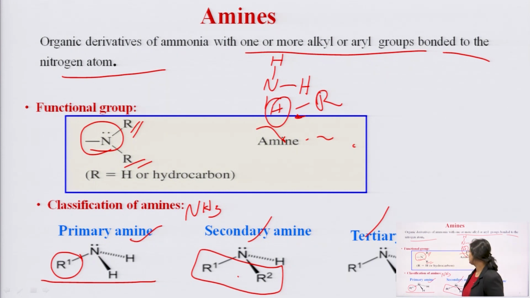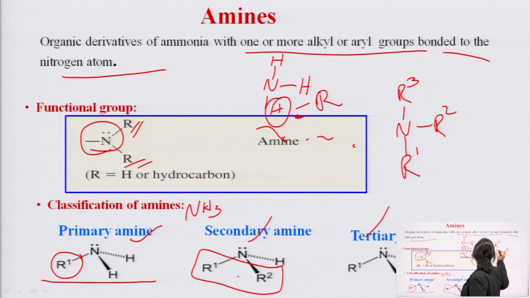Similarly, in tertiary amines, three hydrogen atoms are replaced by alkyl or aryl groups. Here we have the general structure of primary amine, secondary amine and tertiary amine.